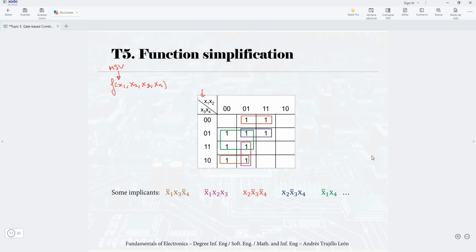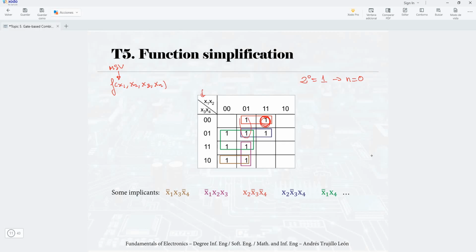So, for example, is this an allowed group of ones? Yes, it's a square. I mean, it's only one, so it's a number of cells that is allowed. Adjacent with 0 cells inside the group, which is obvious because we only have 1 cell in the group.